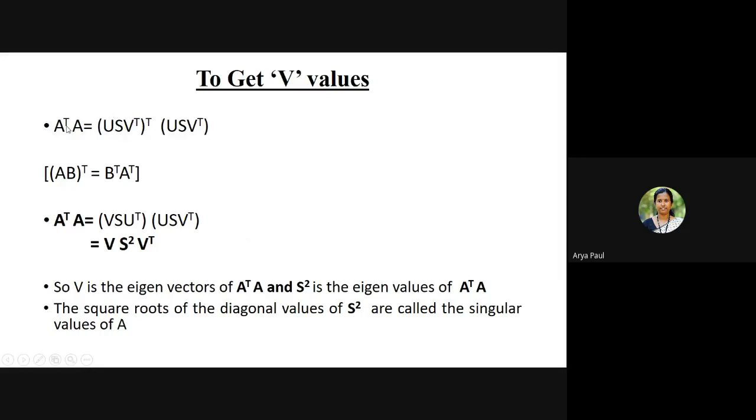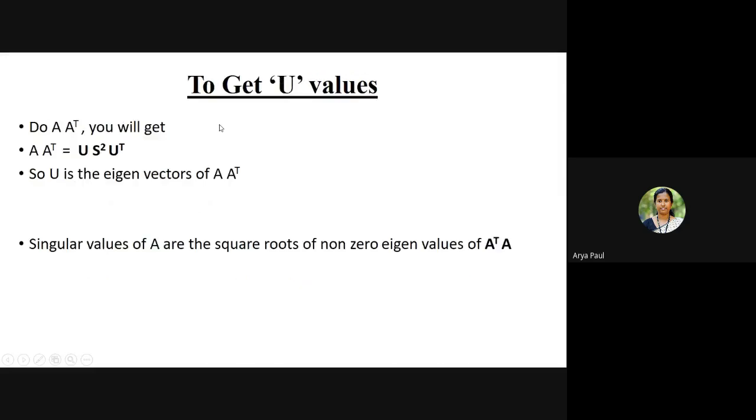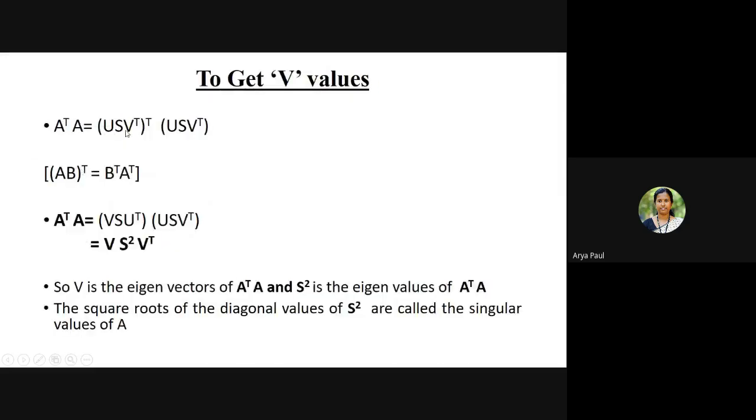That is A transpose into A. What is A? U into S into V transpose. So A transpose into A is U into S into V transpose whole transpose, into U into S into V transpose. I hope this is clear.